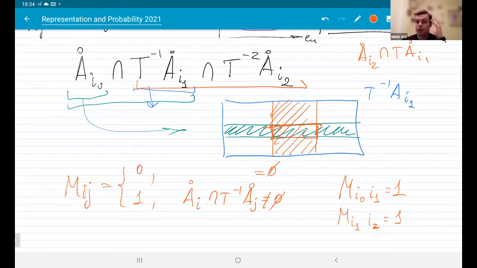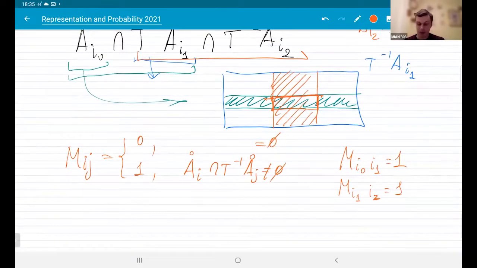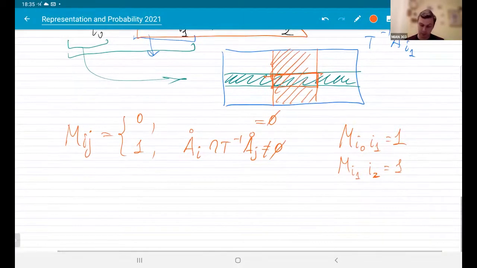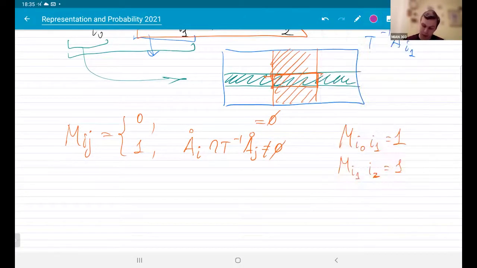What can I say now? I can consider the following claim. So this is the whole intersection. So the next claim. Let me consider now some intersection of K. Well, let me say this.